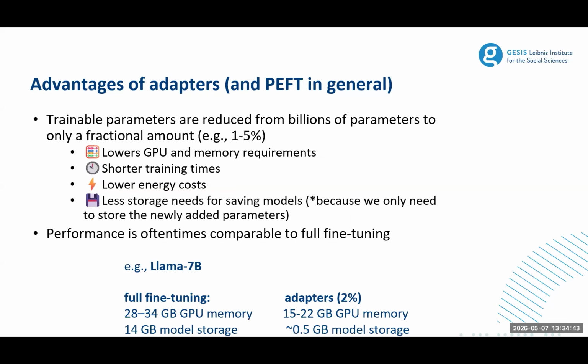And coming back to the Llama 7B example, we see that the GPU memory is lower and the model storage is obviously a lot lower. And this is also interesting, for example, if you in your institutions think about creating or fine-tuning models and then also releasing them, and you want to host them maybe yourself. So I think this is also an important consideration.